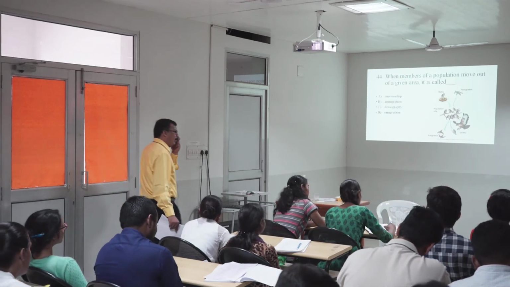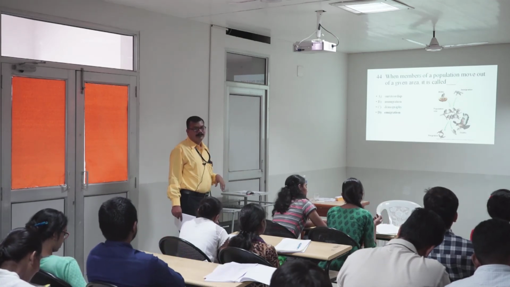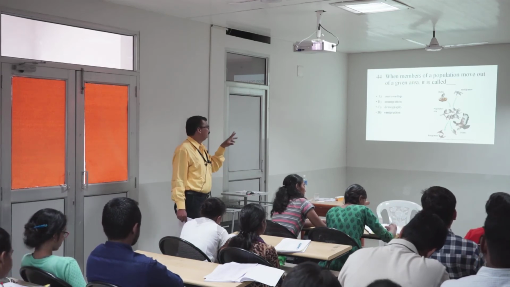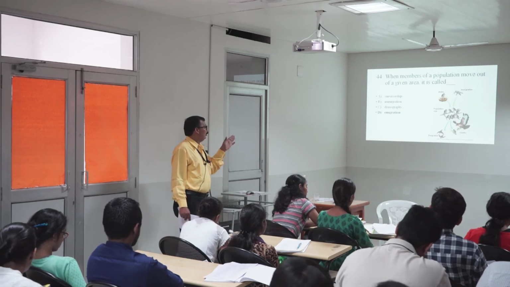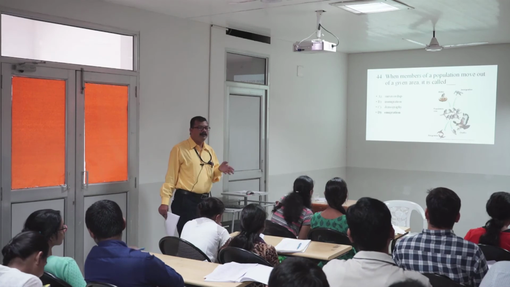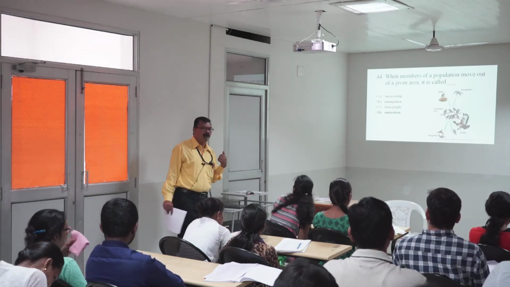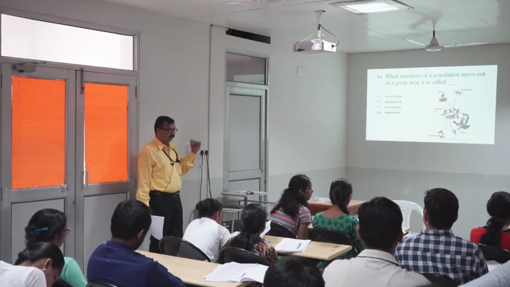You can see a typical example of how it is related to the density or population size of that particular species. That is birth. Some are killed, that is mortality. Some move in, that is immigration. Some move out, that is emigration.